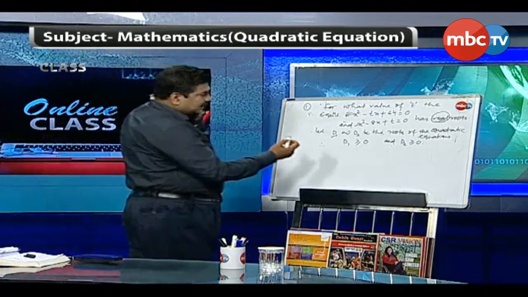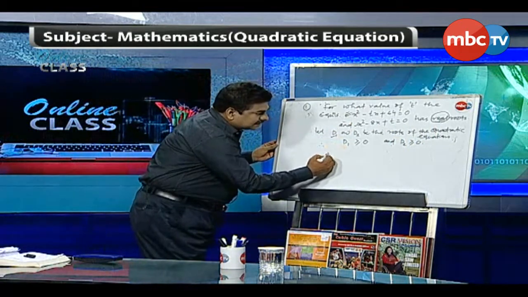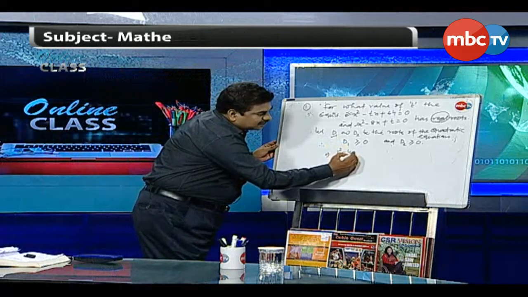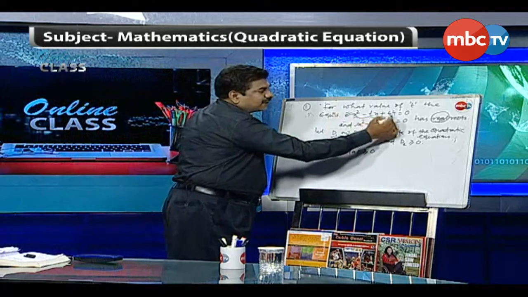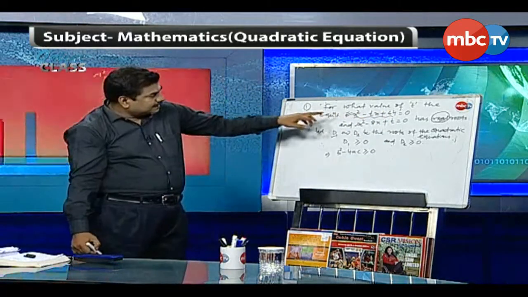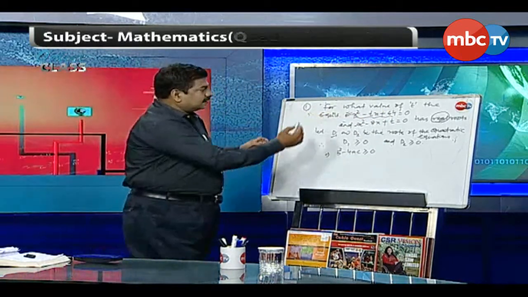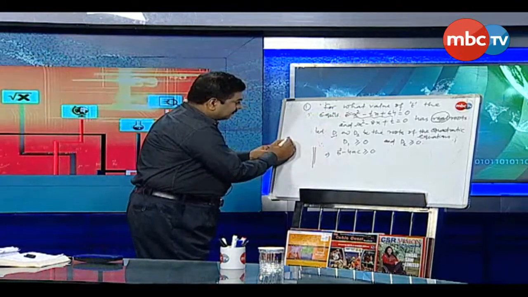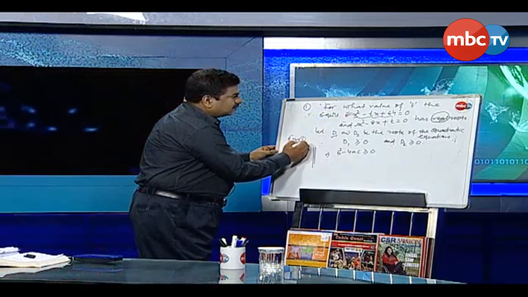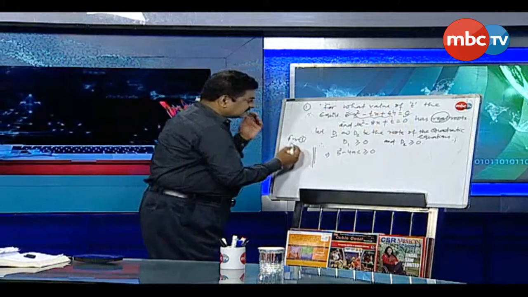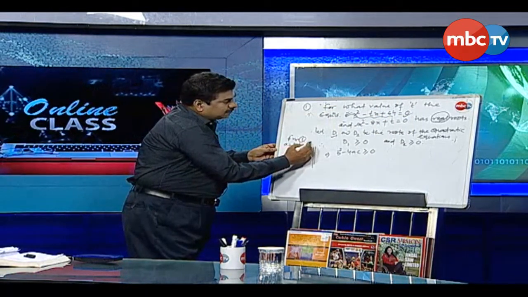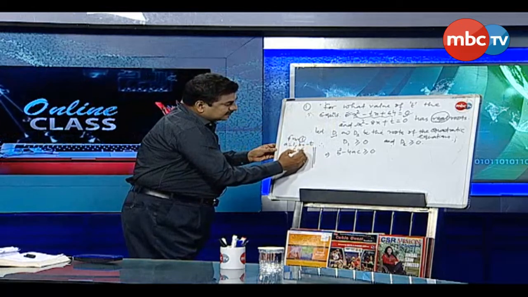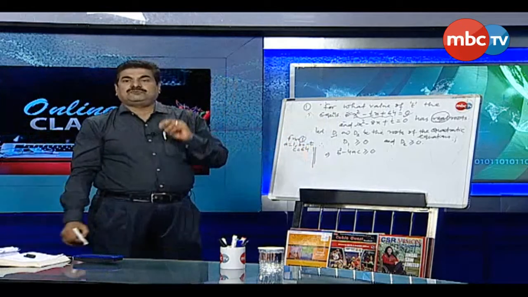Therefore, we know that d1 is equal to b square minus 4ac, which is greater than or equal to 0. Here in the first equation, the value of a is equal to 1, b is equal to minus t, and c is equal to 64.